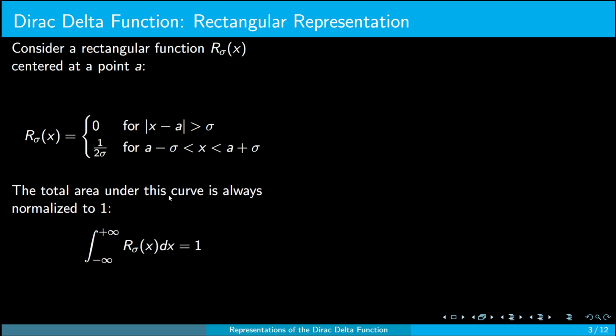So the total area under this curve is always normalized to be 1. If we integrate r sigma x dx from minus infinity to plus infinity, we get 1.